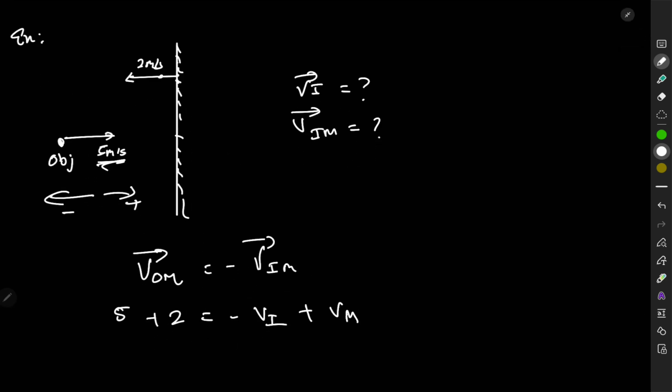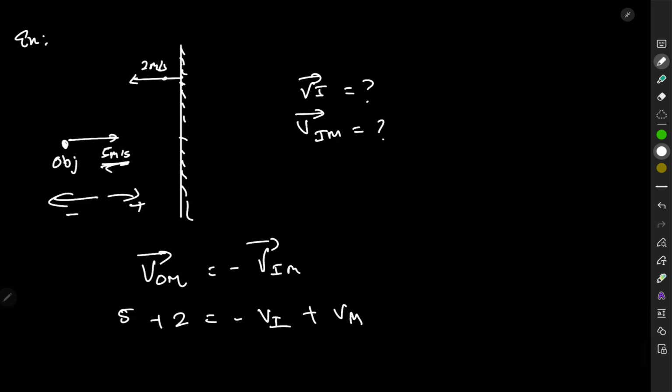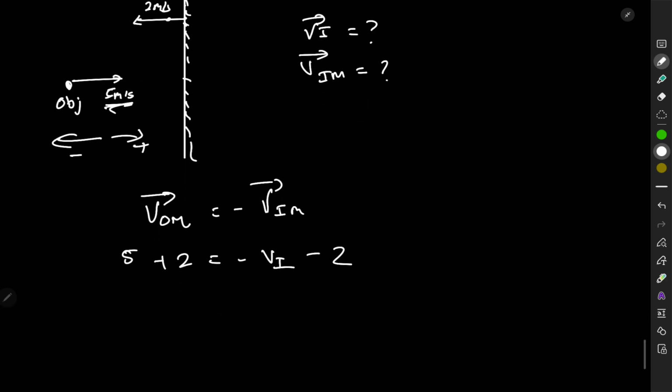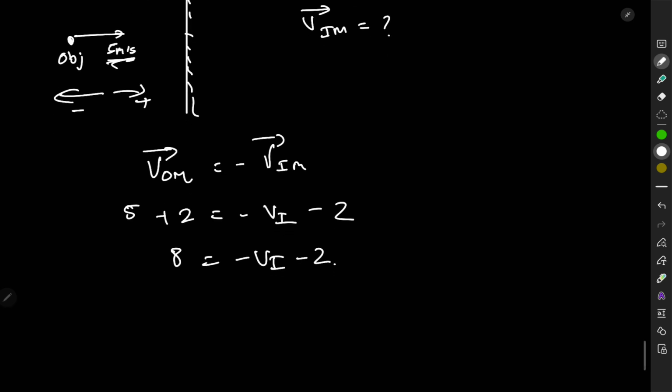Velocity of mirror, we know that it's gonna be minus 2, right? Minus 2. Fine. So this will be 7 minus velocity of image minus 2, which will go on that side, and it will be 9. Velocity of image is equal to minus 9 meter per second.